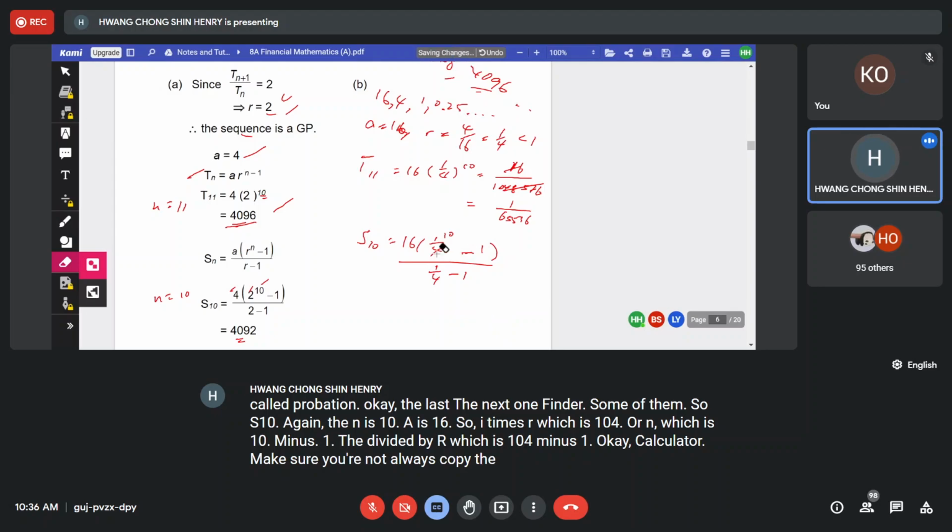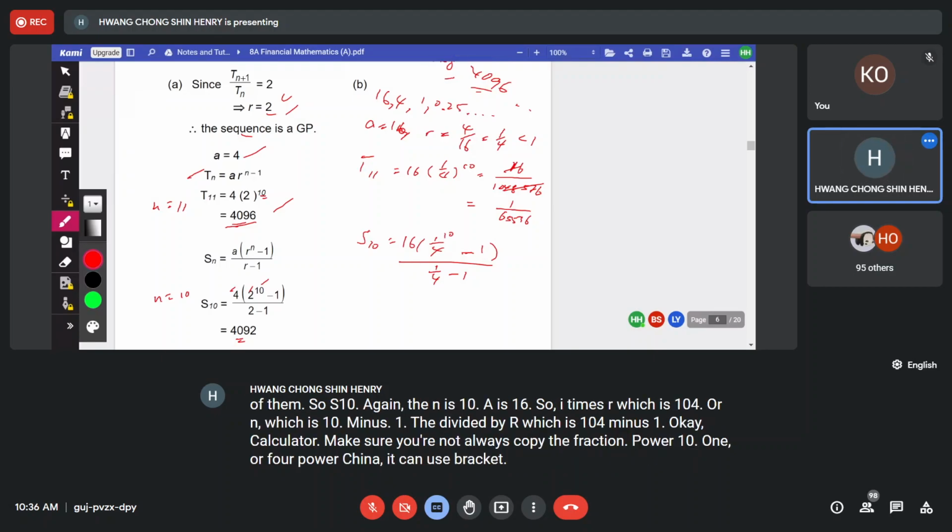The fraction in power 10. 1 over 4 power 10. You can use bracket. Minus 1, times 16, divided by 3 over 4.